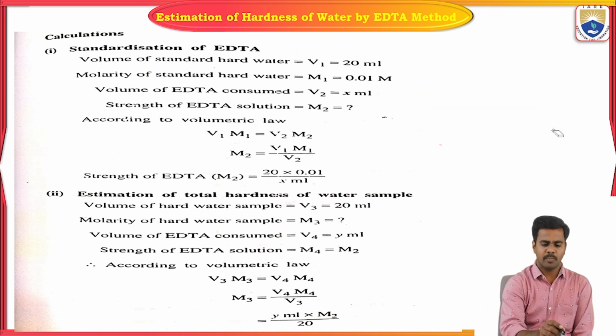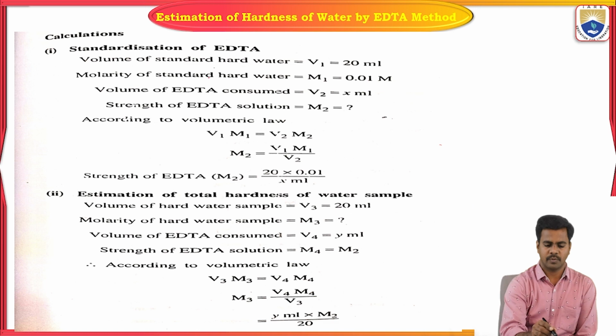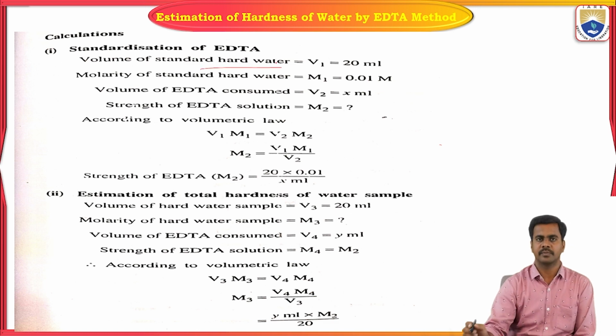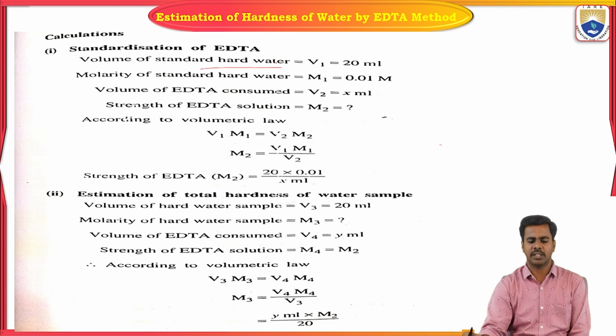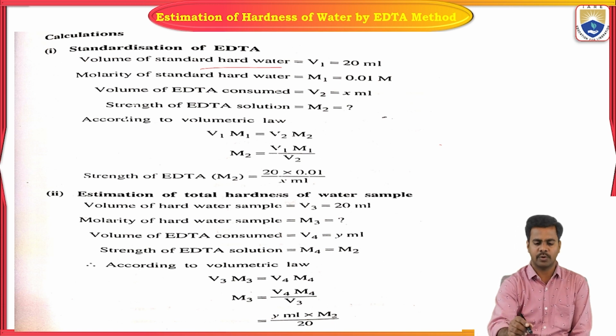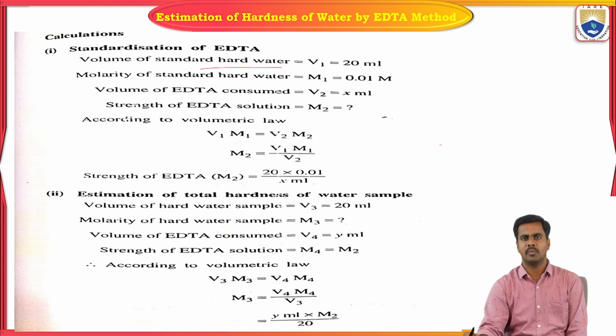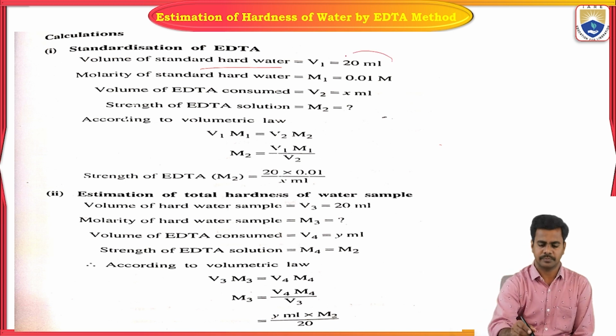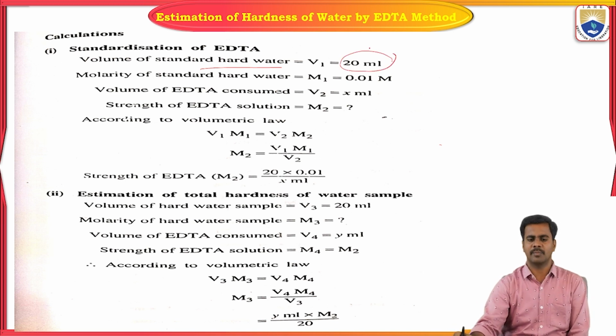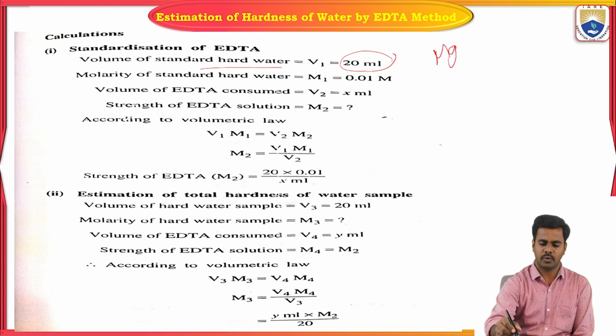Volume of standard hard water. Here hard water is nothing but MgSO4 solution. How much did we take in the conical flask? 20 ml.